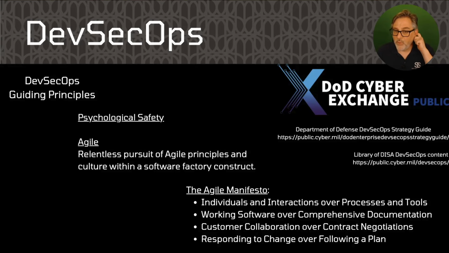It's a framework of sorts to establish a measurement by which you can guide your activities. So it's available here. The DoD Cyber Exchange is a public resource that's available. There's the specific document that I've used to generate a lot of the materials for this course, as well as the broader library of content. Both of these links are here on screen now.